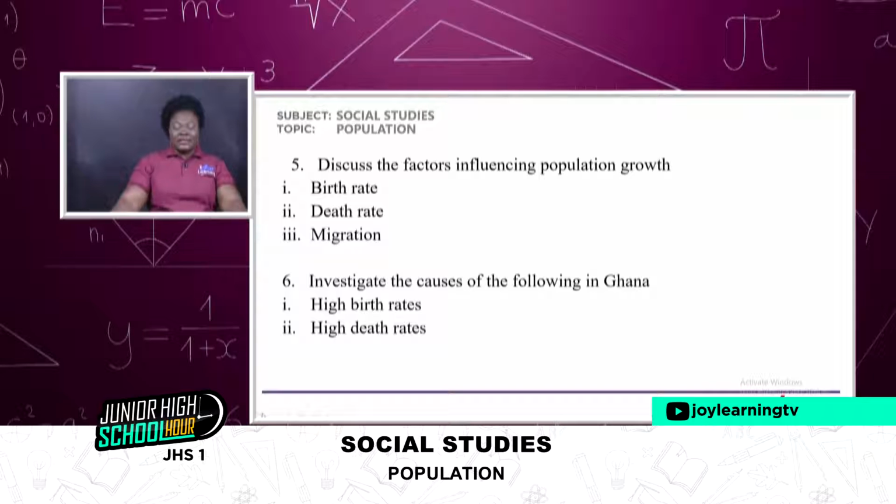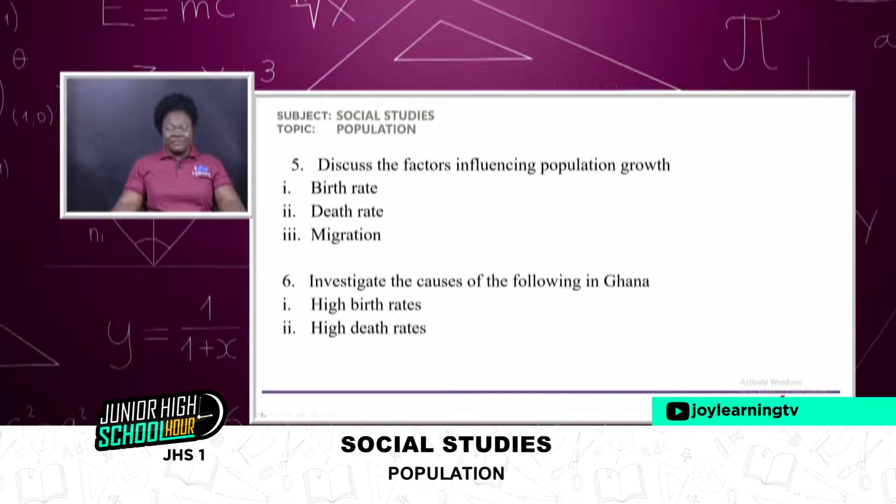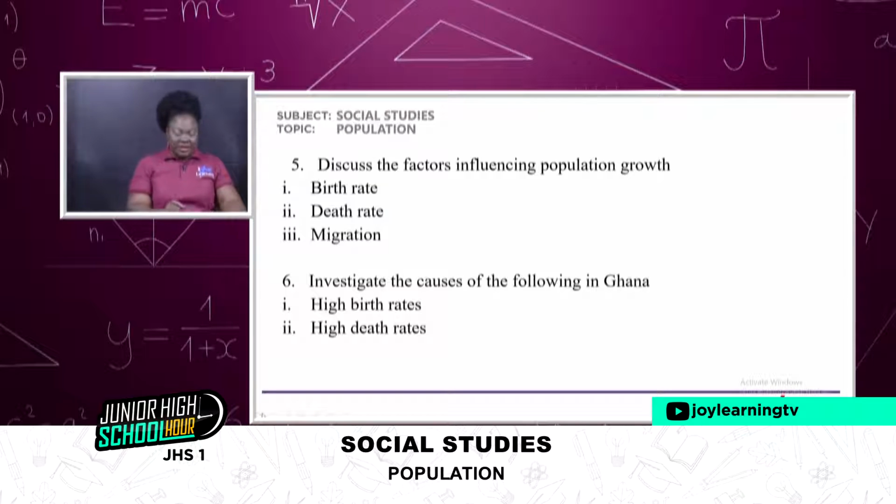Again, discuss the factors influencing population growth, that is birth rates, death rates, and migration. Lastly, investigate the causes of the following in Ghana: high birth rates and high death rates.